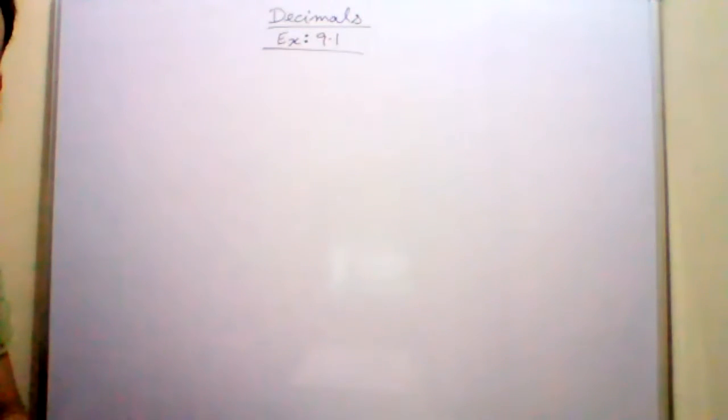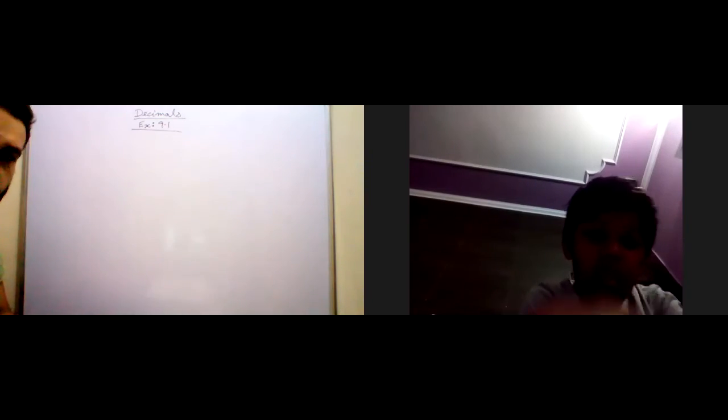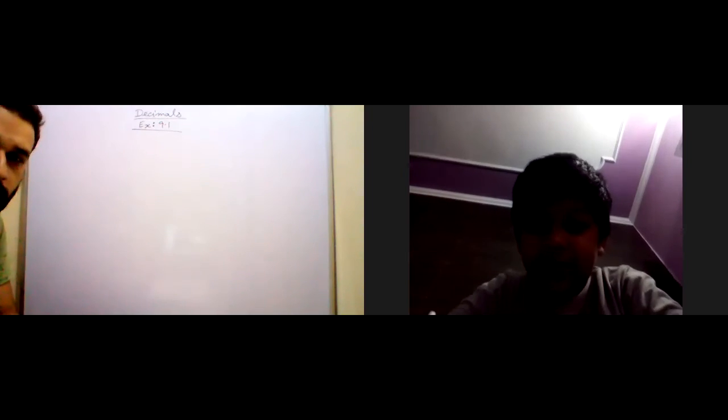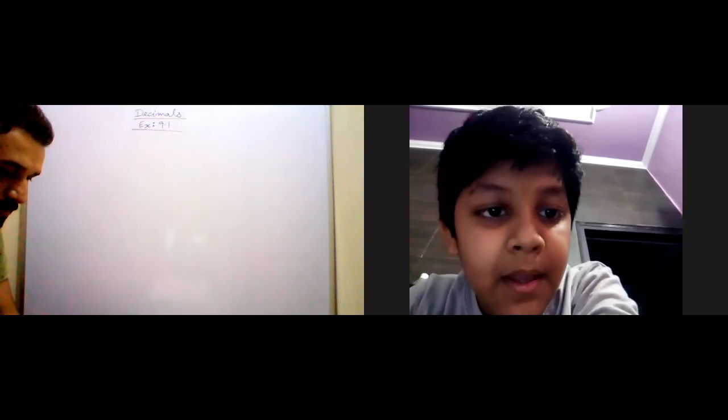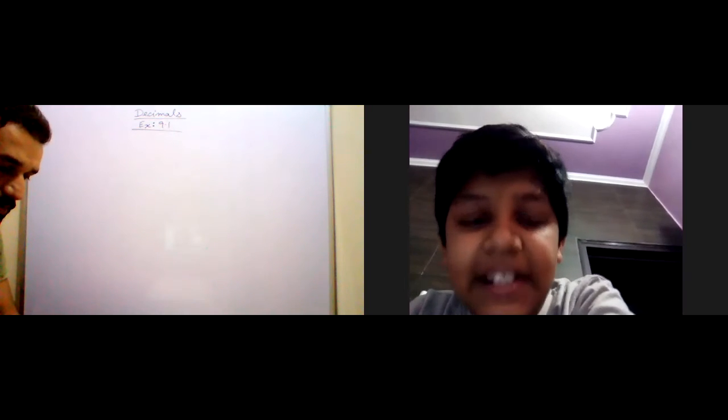Okay, next, Ayushman Nana. Beta, I am not able to see your face. Yeah, now it is better. Now tell me the answer of the second one. 7.03, 7.09, 7.33, 7.39.